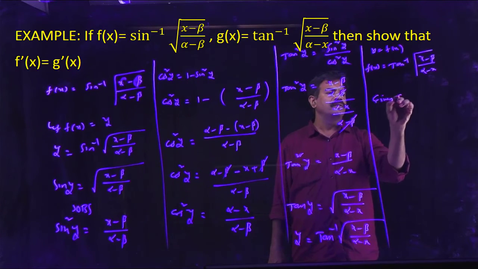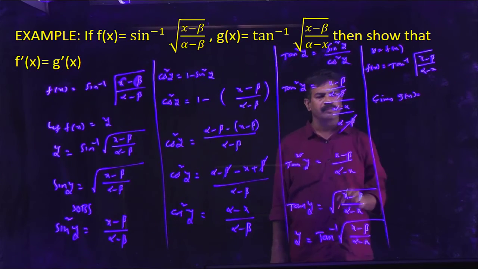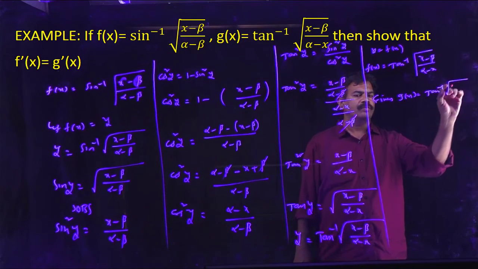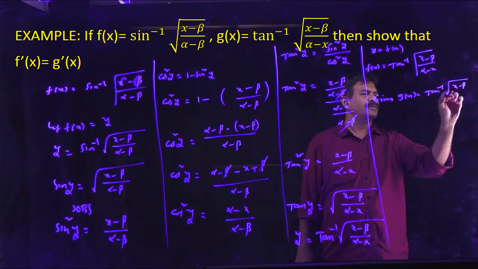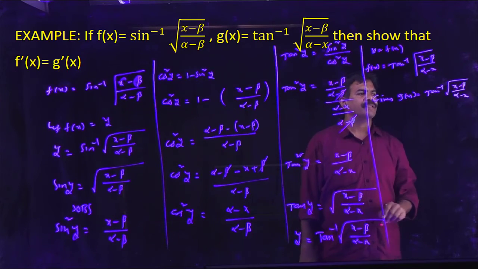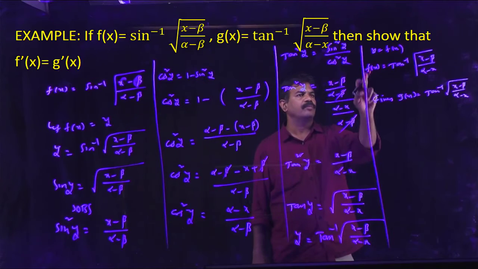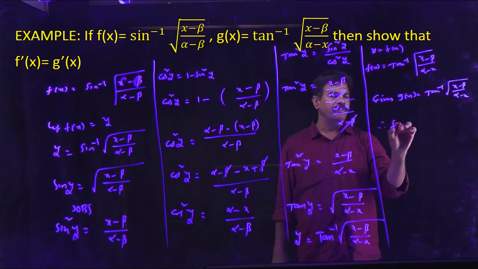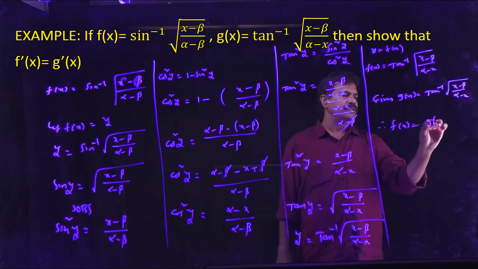Given g of x is equal to tan inverse of root of x minus beta by alpha minus x. So here both f of x and g of x are same. Therefore, f of x is equal to g of x.